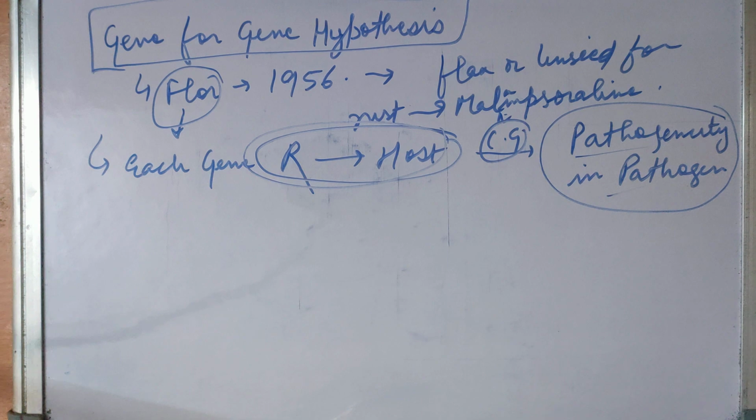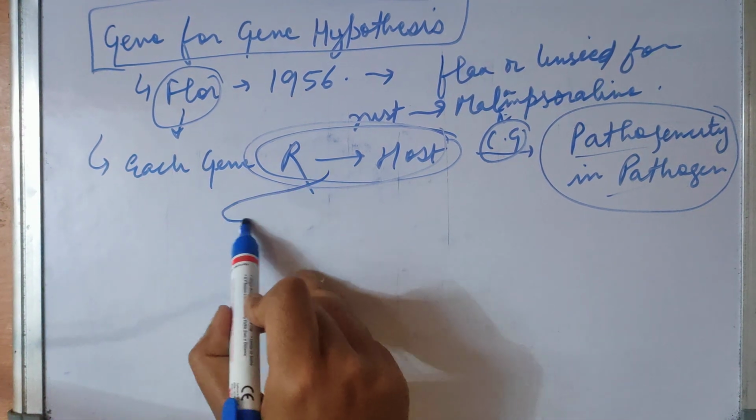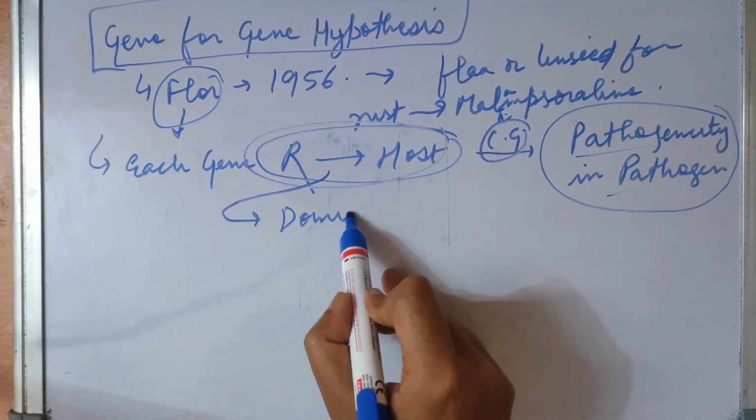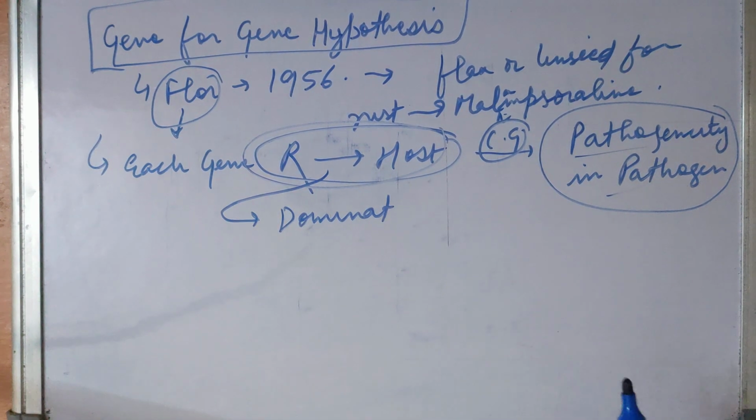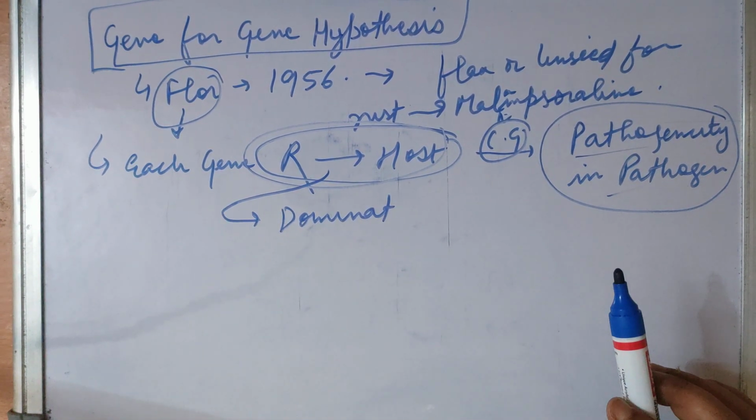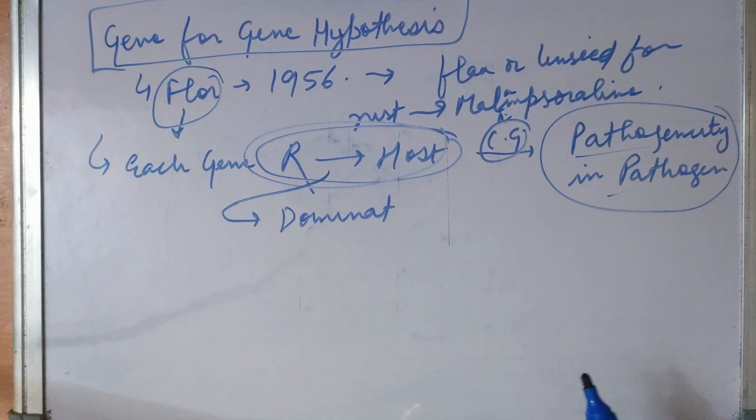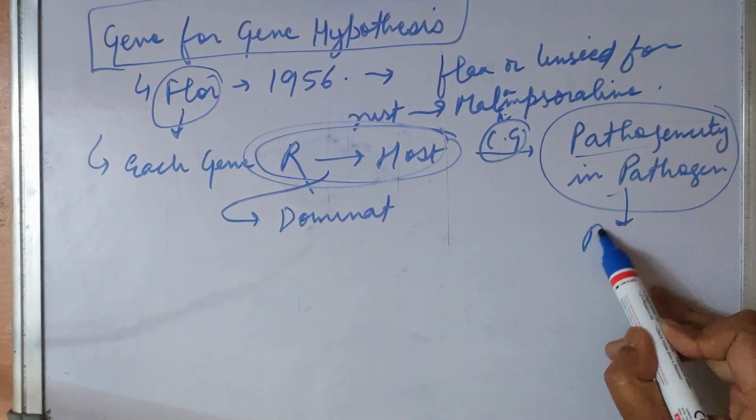The resistance of the host is governed by a dominant gene, whereas the pathogenicity, or virulence, of the pathogen is governed by a recessive gene.